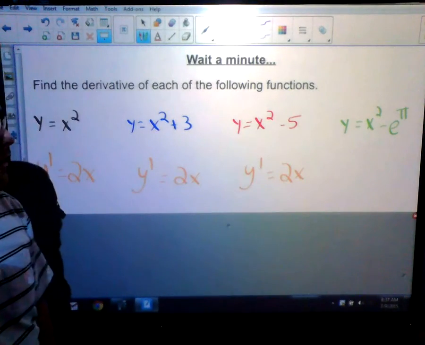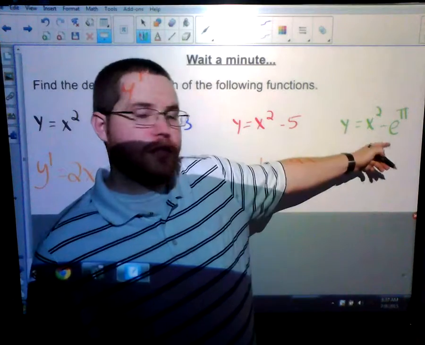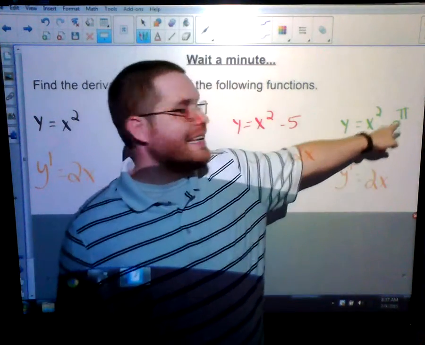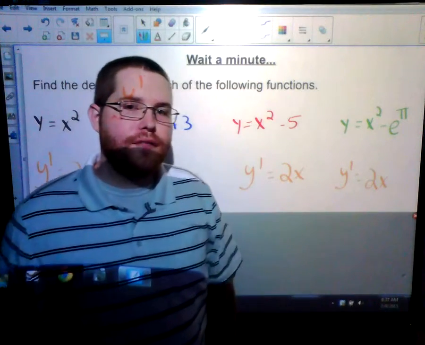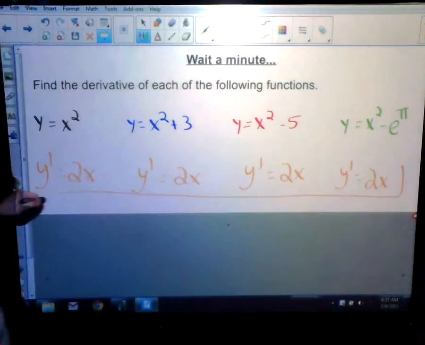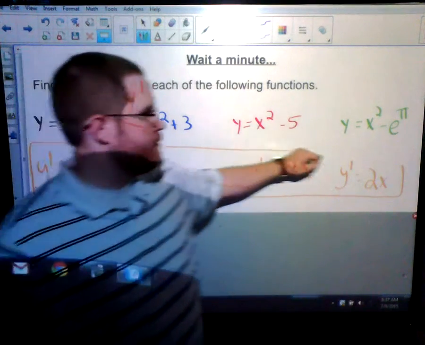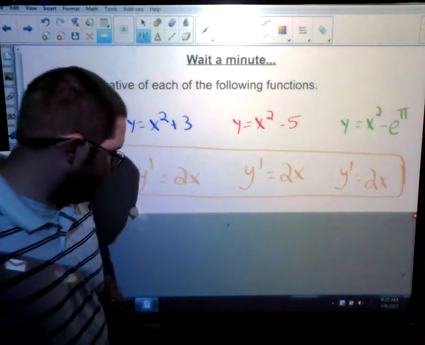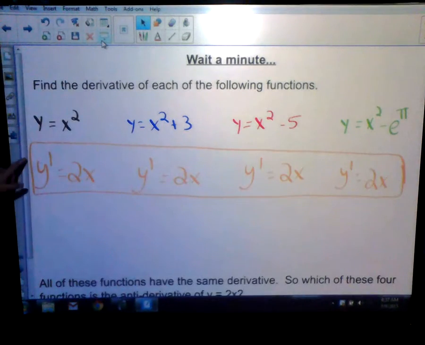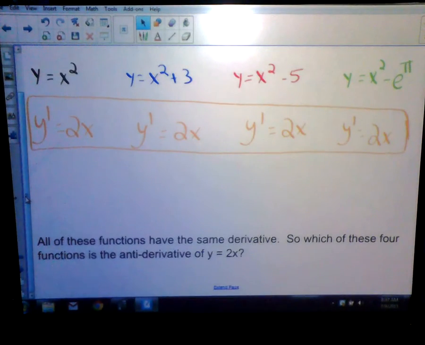The minus 5 doesn't matter. People always have trouble with this one. E to the pi is a number. What's the derivative of any number? It's 0. Look, all 4 of these problems have the same derivative because I'm just adding a constant at the end of it. All of these functions have the same derivative.